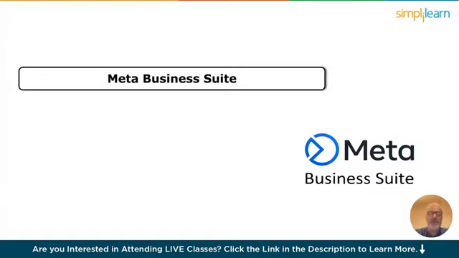Before delving into the details, let's talk about the pivotal role of the Meta Business Suite. It serves as the central control hub for businesses using Facebook and Instagram. And it's more than just a tool. It manages their entire digital presence on Facebook and on Instagram.